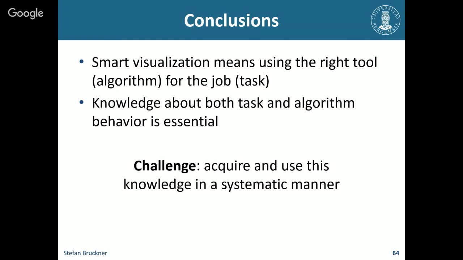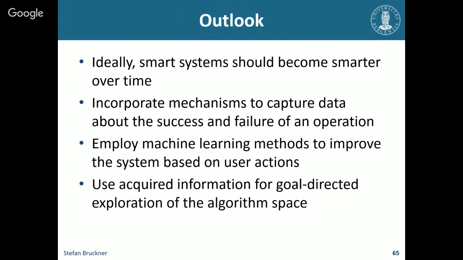I showed examples of how this can be done for specific applications, but I think for the future, there are a couple of things that are really big challenges, but also great opportunities in making visualization more smart. For one, ideally, a smart system should become smarter over time. So there should be some form of learning.